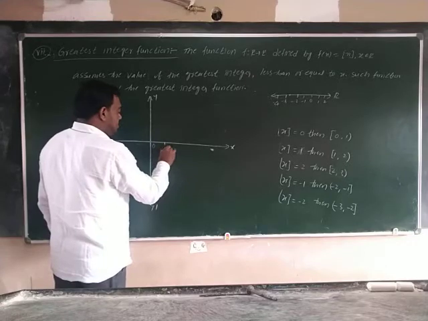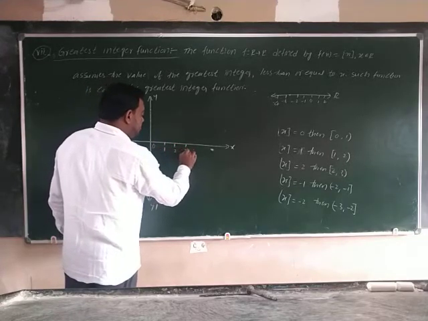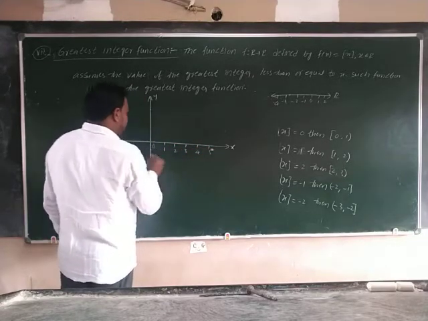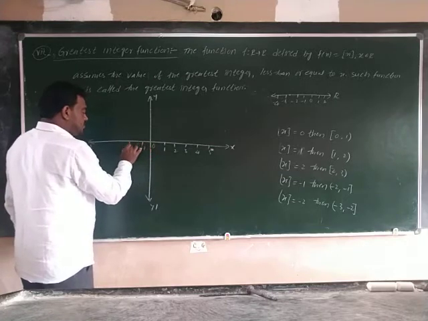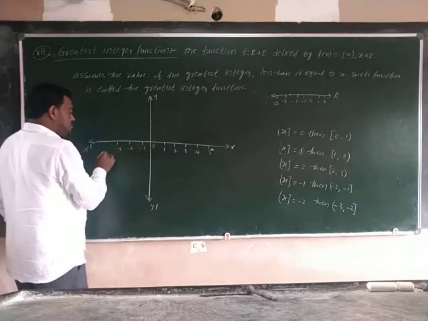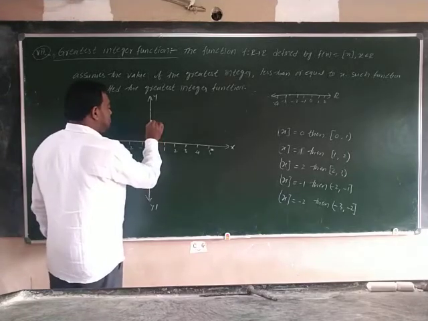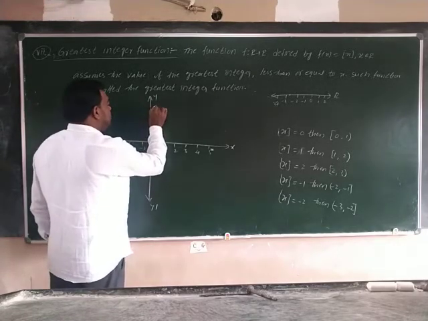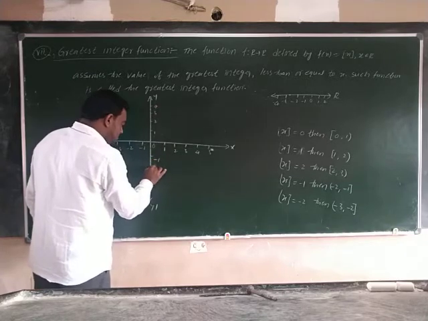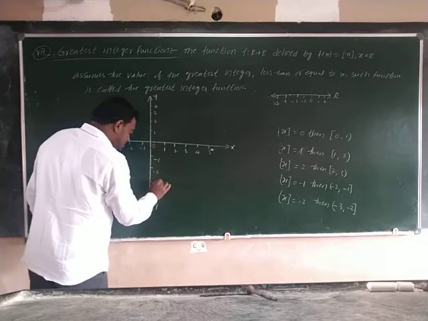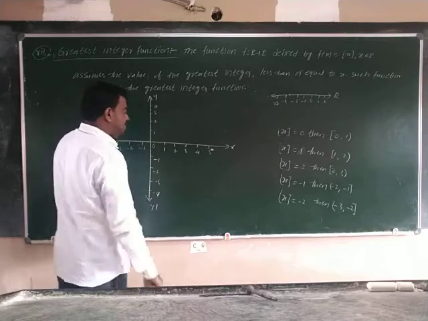Take some values here, 1, 2, 3, 4, 5. Next, minus 1, minus 2, minus 3, minus 4. Then on the y-axis, 1, 2, 3, 4, and negatives minus 1, minus 2, minus 3, minus 4, and start writing.